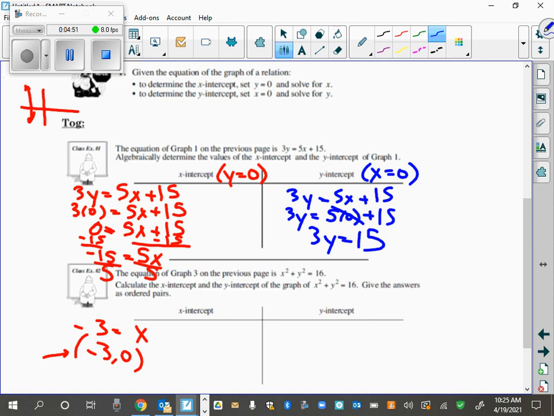And I'll give you even less time to do this one, because it's a one-stepper. And don't forget to do the last part, or you're going to lose marks. You have to show it as a point, please.